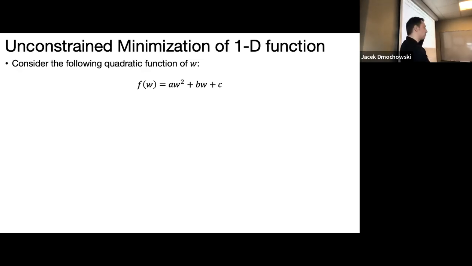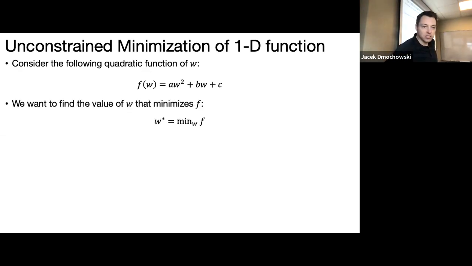First of all, let me go to the next slide. So we want to find the value of W that minimizes F. And the way this is written, I want to unpack the syntax so no one is confused. This means that W star is the value of W. So out of all possible W's, W star is the one that minimizes F.